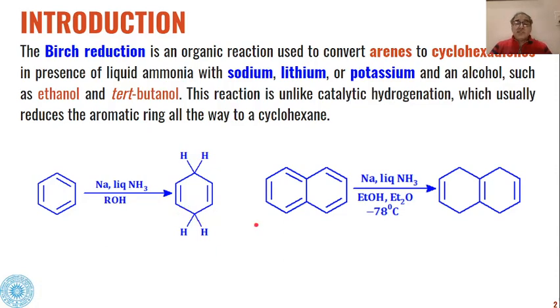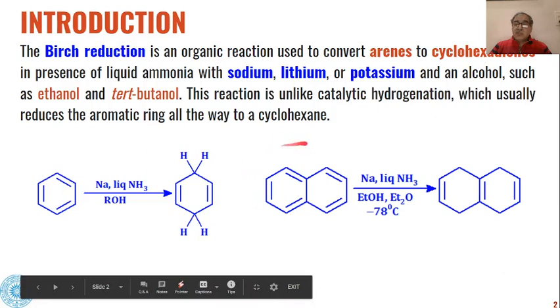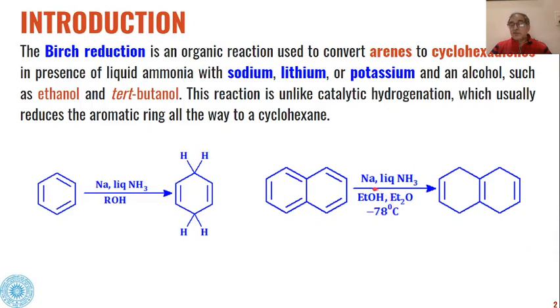And this reaction can be extended to other aromatic systems like naphthalene also, where we can get dihydro and tetrahydro products under the same conditions of using sodium metal in liquid ammonia in presence of an alcohol at low temperature.